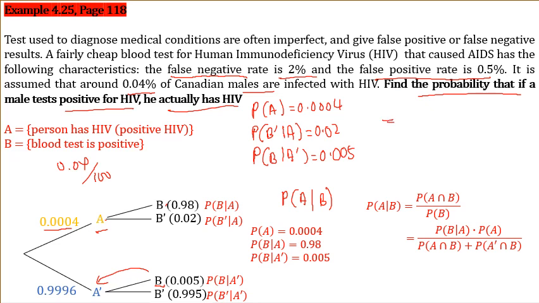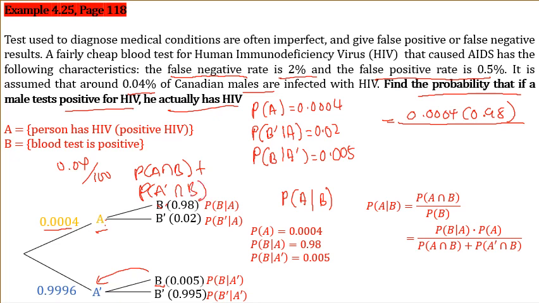So we have 0.0004 times 0.98 over P(B). For P(B), we have A and B: P(A and B) plus P(A complement and B). Okay, remember? So P(A and B) plus P(A complement and B).